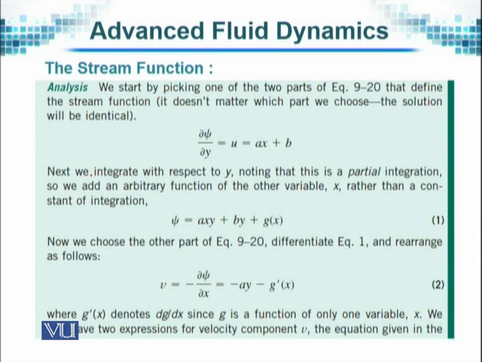So as before, we know that u is equal to d psi by dy. Here they have written d psi first and then u is on the right hand side, and its value is given to us. If I integrate it, I will have some value of psi. So when I integrate, I obtain this value. Since we don't know, we have to write g as some constant of integration.